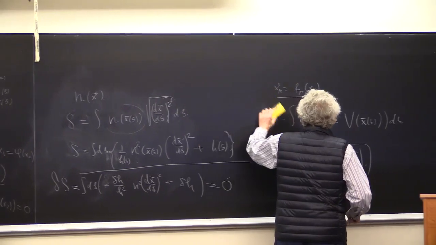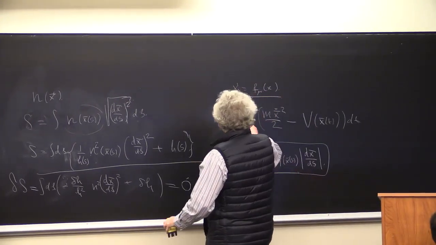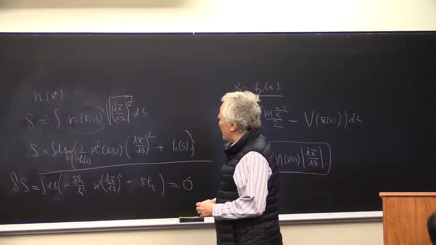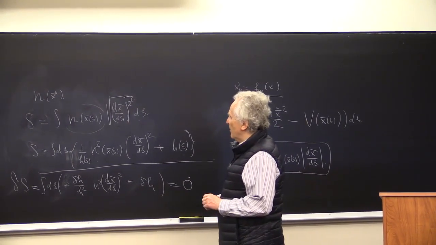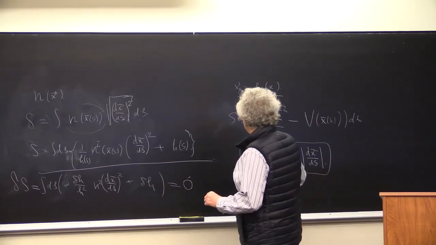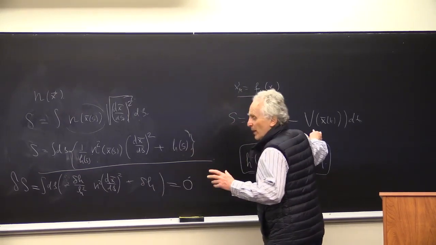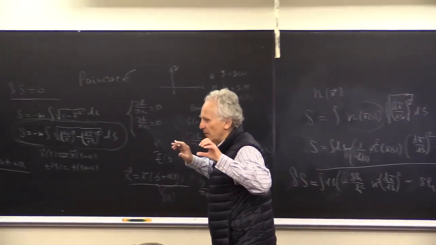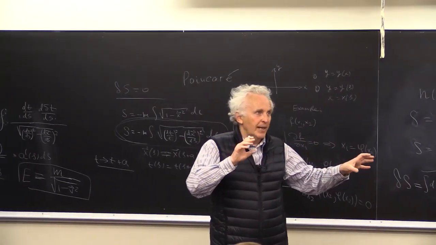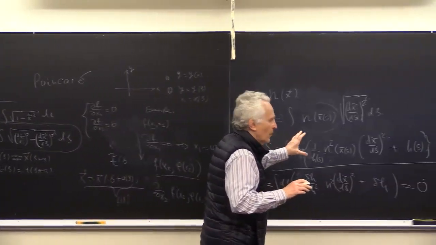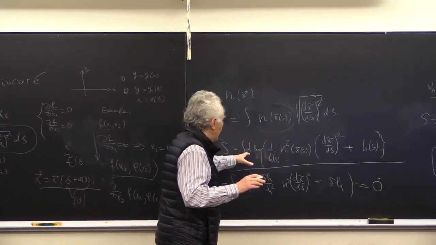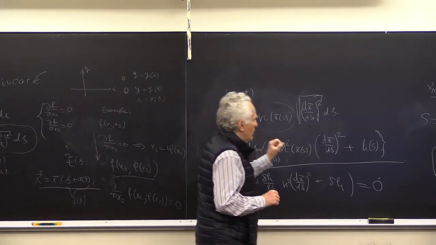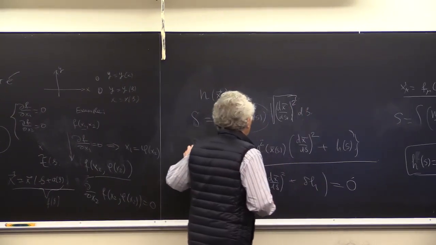But we are still not done yet, although our action becomes, it starts looking like this one. It's not yet in this form. My goal is to match optics and mechanics, and the goal is not fulfilled yet. But we are close. We are pretty close.